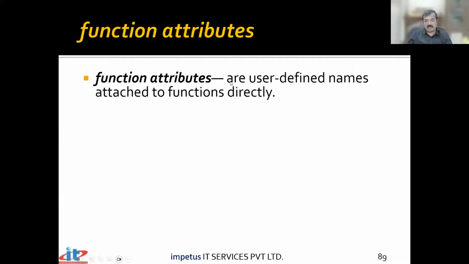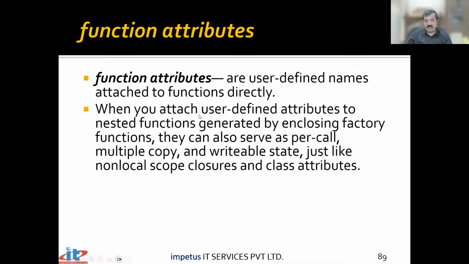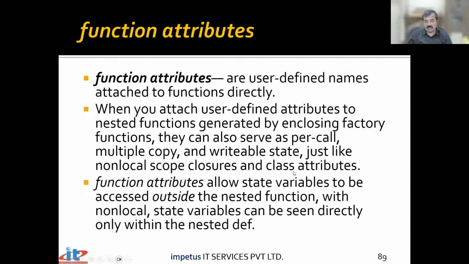Function attributes are user-defined names attached to functions directly. When you attach user-defined attributes to a nested function generated by an enclosing factory function, they can also serve as per-call multiple copies and writable state, just like non-local scope closure or class attributes. Function attributes allow the state to be accessed outside the nested function.